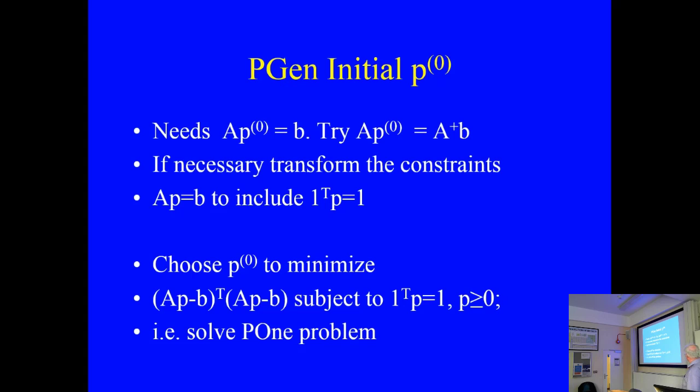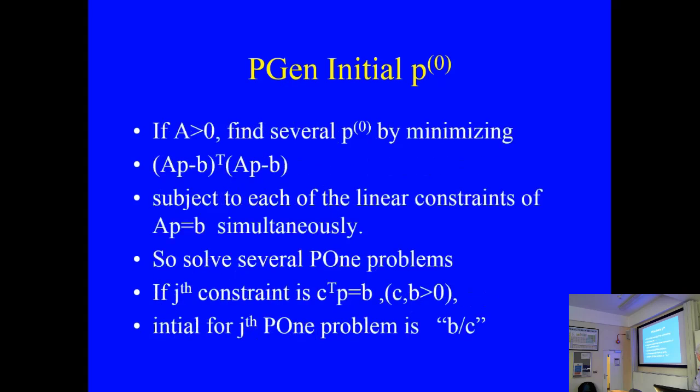We could choose P0 to minimize AP minus B transpose AP minus B, subject to 1 transpose P equals 1, if that is one of the constraints. Or in fact, we could apply that to each of the constraints of AP equals B and minimize this quadratic criterion.